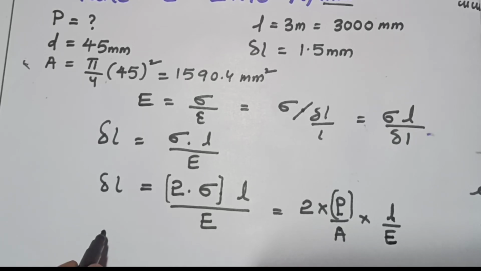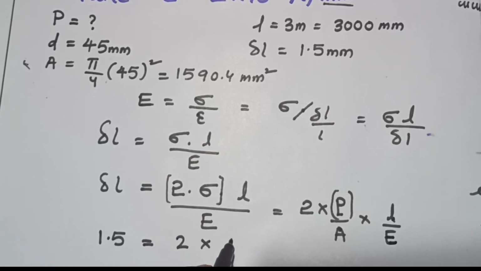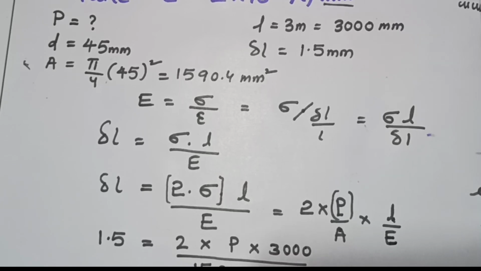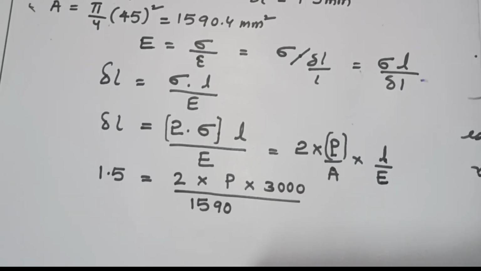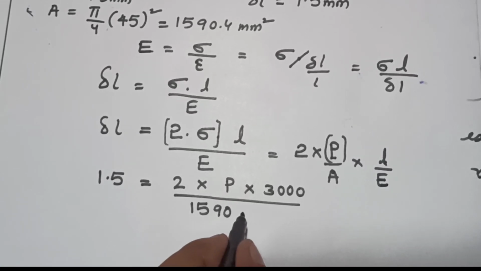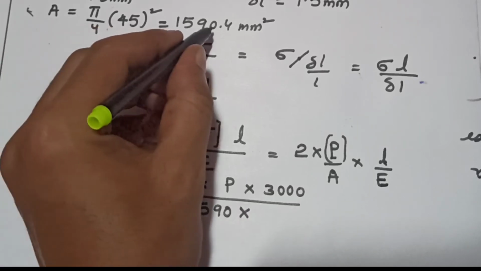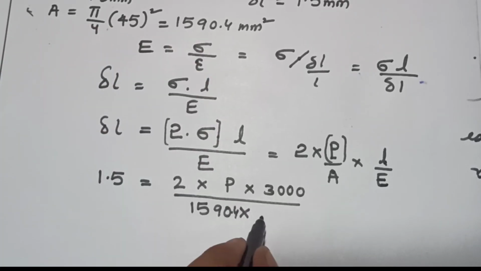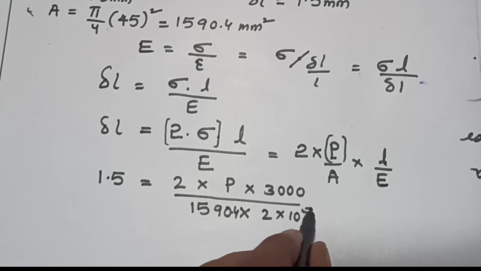Now substitute delta L, that is 1.5 millimeter, equals 2 into P into L, which is 3000, by area, which is 1590.4, into Young's modulus, that is 2 into 10 power of 5.